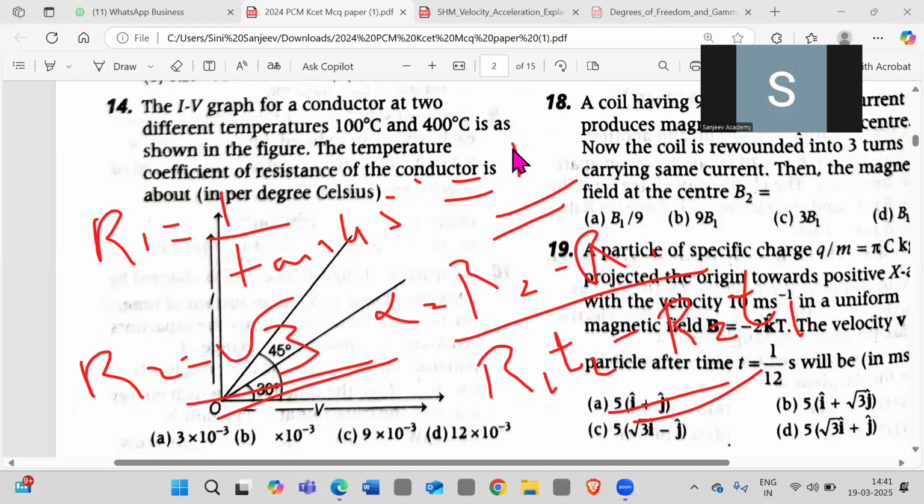Okay, 7 into 10 power minus 3 will be fine. Yes, I think you got it correct. Can you just share the working in my WhatsApp, Hasini? I have to just check it out.